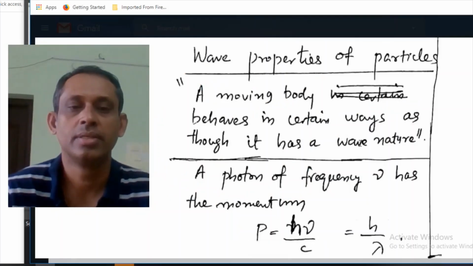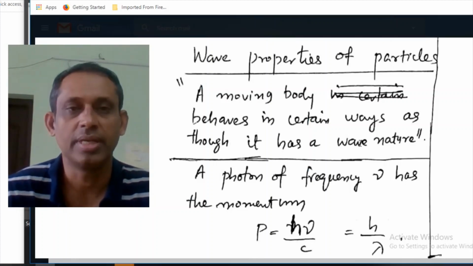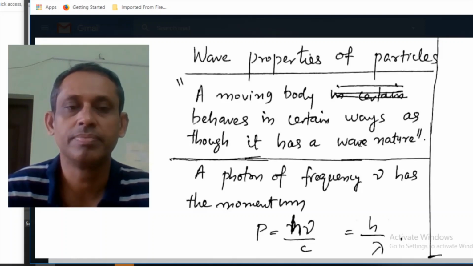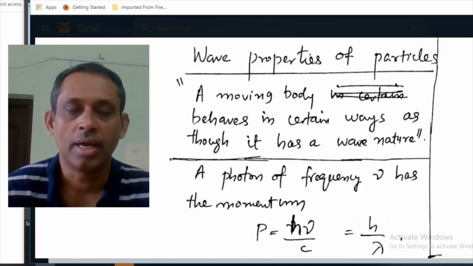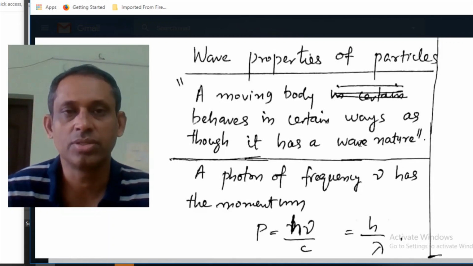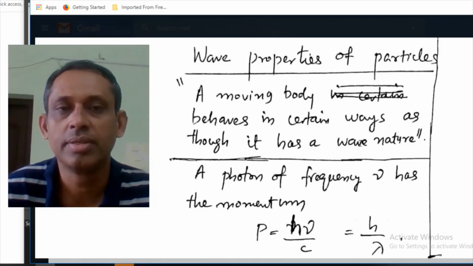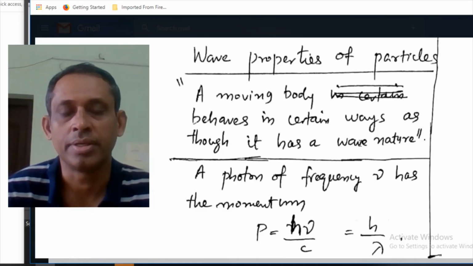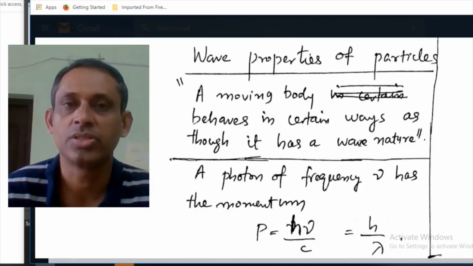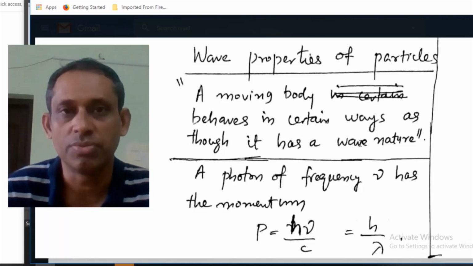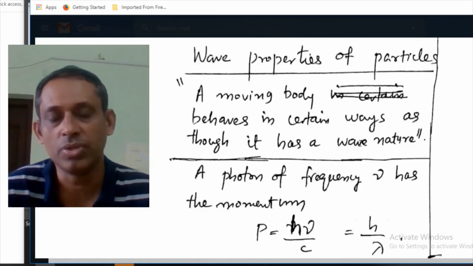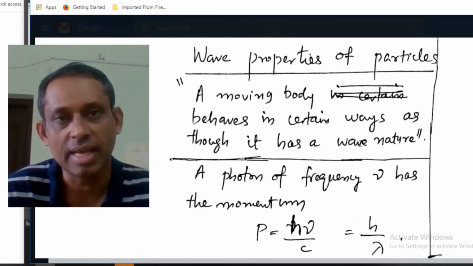Welcome back. Now we are moving into the next section, the wave properties of particles. In the last few classes we were discussing particle properties of electromagnetic radiation, and through several effects we saw the explanation of those effects like the photoelectric effect, the black body radiation, the Compton scattering.